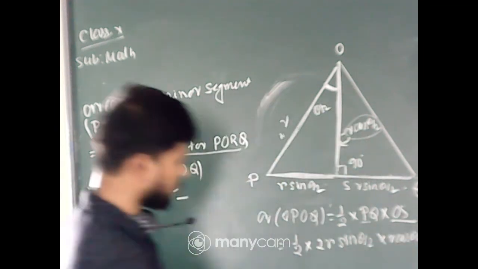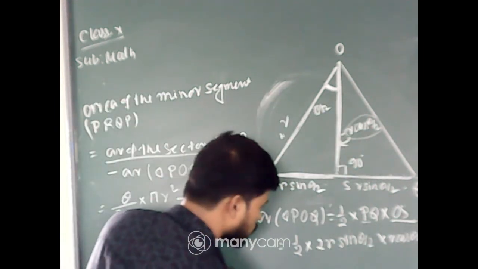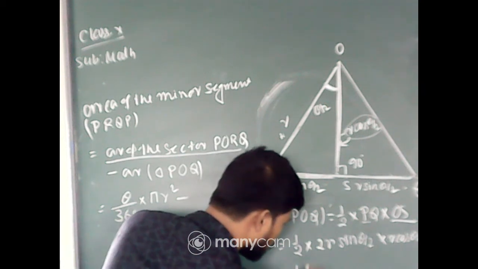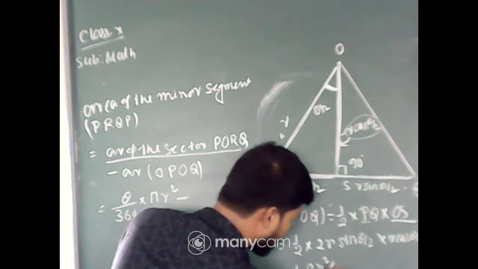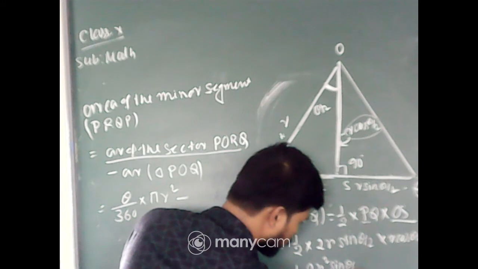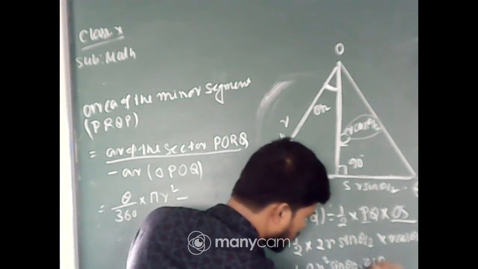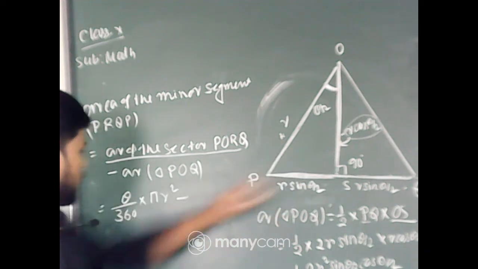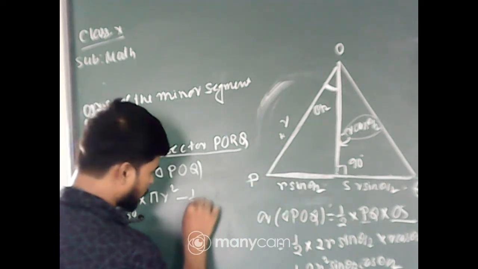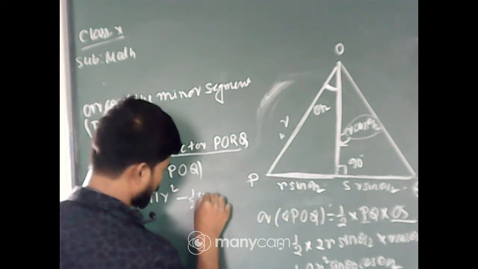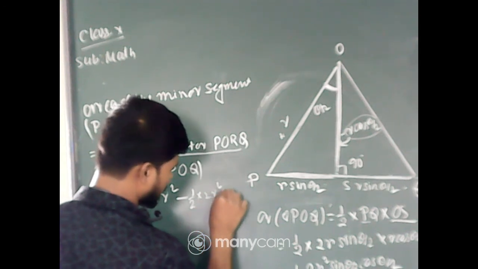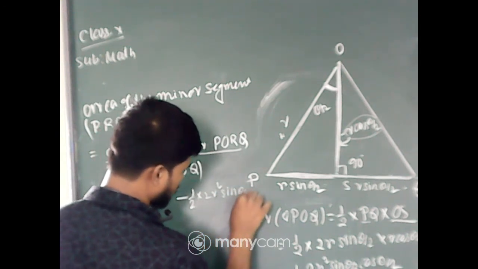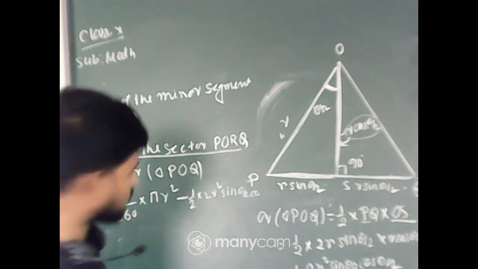Now if you multiply them, it will be half into 2R square sine theta by 2 cos theta by 2. This is the area of this triangle. Now put it here: half into 2R square sine theta by 2 cos theta by 2.